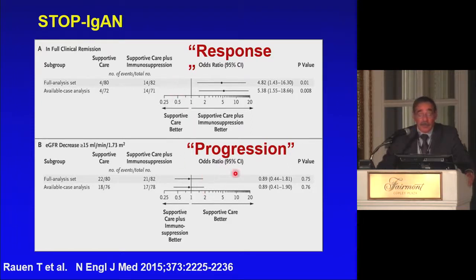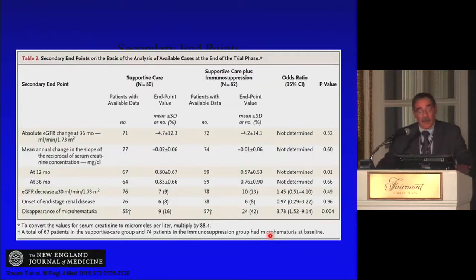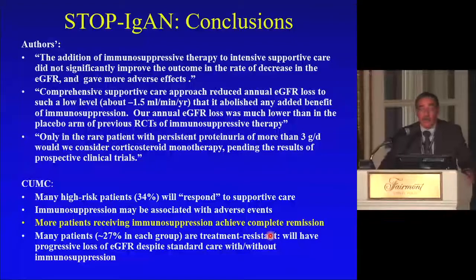If you looked at progression, though, in terms of who had a decreased GFR at the end of the study, there was no significant difference. These are just quotes from the study. The bottom line is that they said only in the rare patient with persistent proteinuria would we consider corticosteroid monotherapy pending the results of more controlled trials.